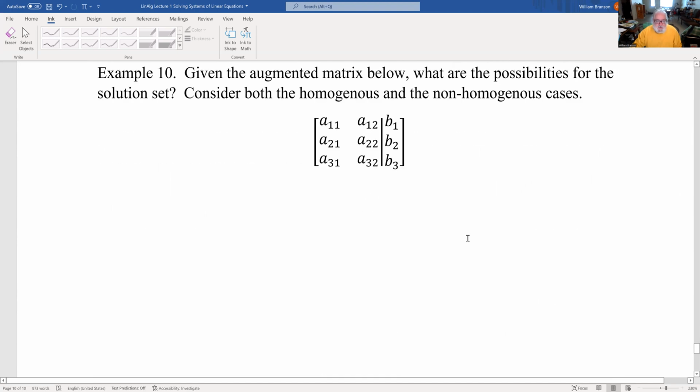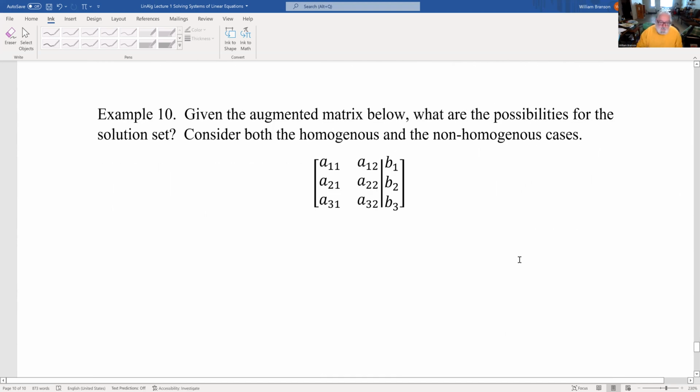What about this one? So here we have two variables, x1 and x2, and a right-hand side, and we have three equations.